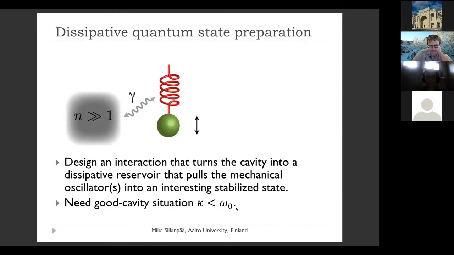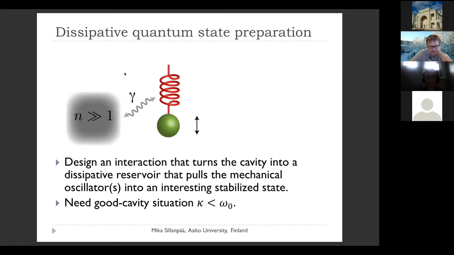Then there's the engineering of how to prepare these mechanical quantum states. I can't go into details, but this is standard. We have done this in these more simple systems. One way is using reservoir engineering, which means that you design some kind of interaction with the cavity that will pull the mechanical system into a stabilized, for example, squeezed state.